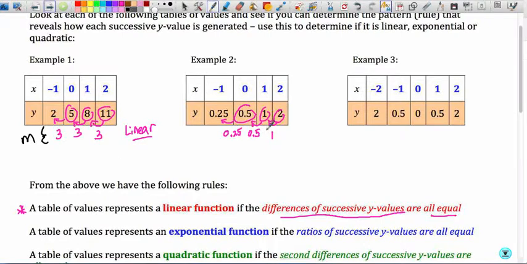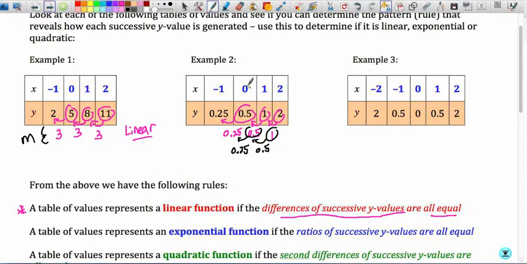They do not produce the same numerical value. So what we do in this case is we repeat that process one more time. 1 minus a half is 0.5, 0.5 minus 0.25 is 0.25, and once again we see that the two differences are not the same. So this tells us that the function is neither linear nor quadratic.